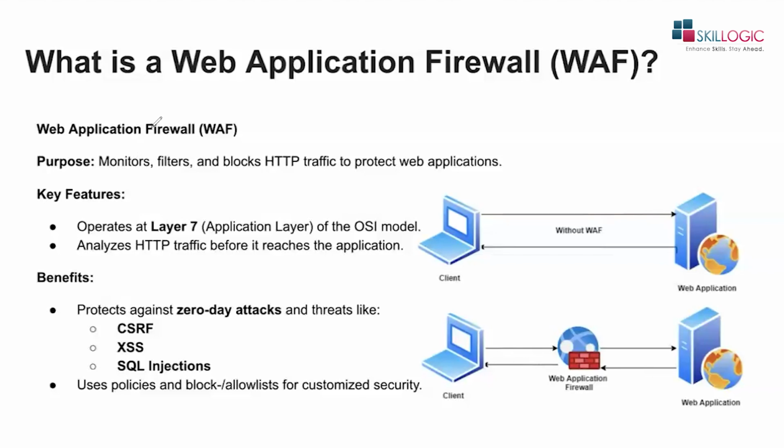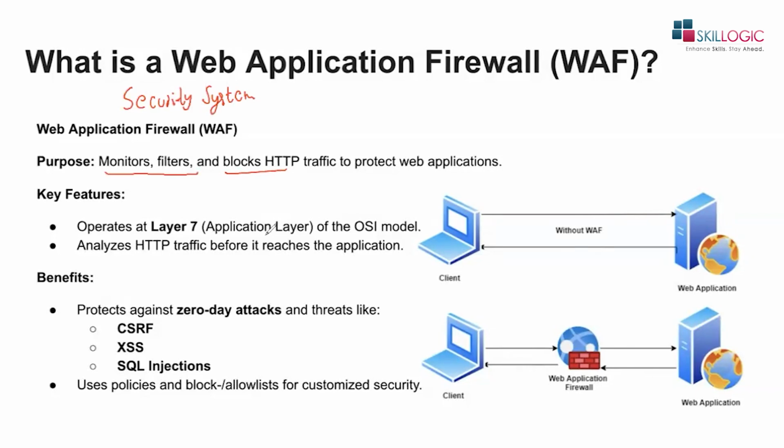So a web application firewall is a security system that monitors, filters, and blocks harmful HTTP traffic before it reaches an application or a website. This operates at layer 7 of the OSI model.